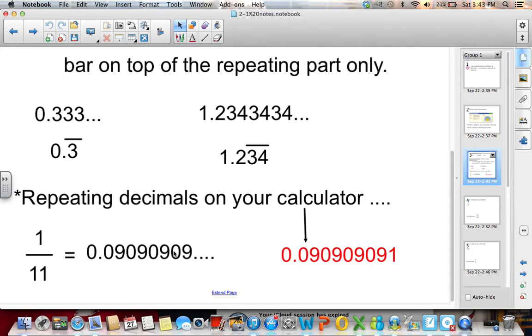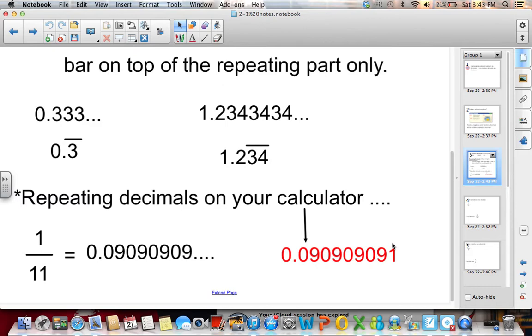One thing, if you were to enter a repeating decimal on your calculator, like 1/11th, you would see that 1/11th is 0.09 repeating, which really is 0.090909 forever and ever.